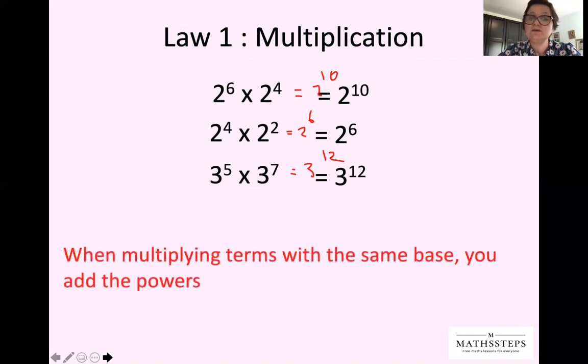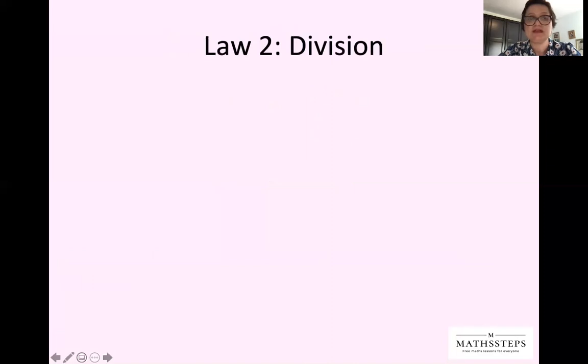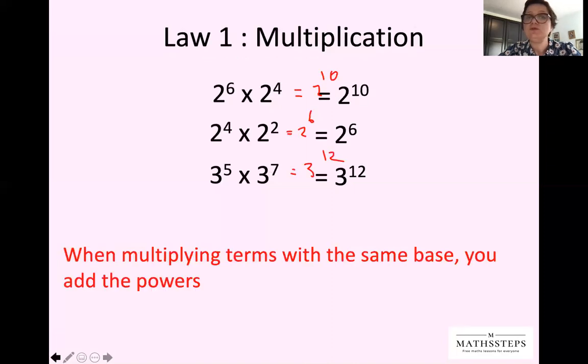Now, the rule when you multiply, it says terms with the same base, you add the power. In this case, we are only working with numbers, but you might even have cases when you work with letters. For example, instead of 2s and 3s or 4s, you might have a to the power of 6 times a to the power of 4.